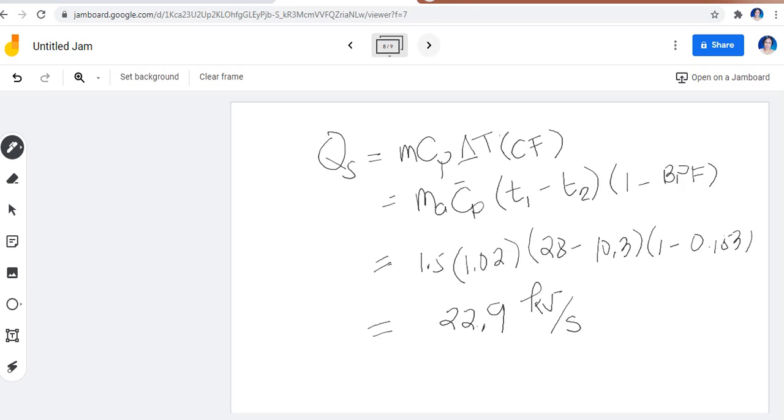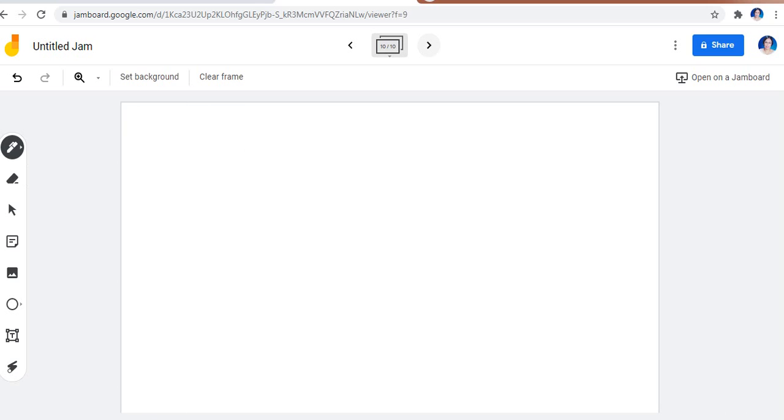Okay, so we are now on the last sample problem, and this one entails mixing. So sample problem number 3. For this sample problem, these would be the values you're going to read from the psychrometric chart.